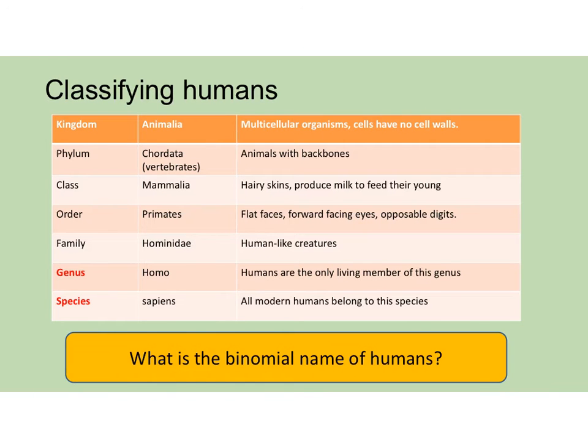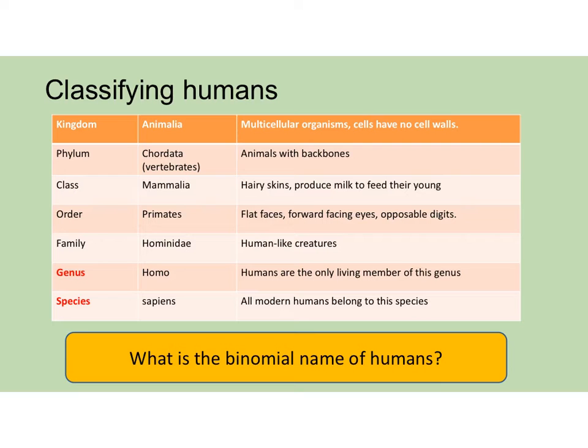Okay, so here's an example of how we use the kingdom, phylum, class, order, family, genus, and species to classify an animal. So let's use us humans as an example. Our kingdom would be Animalia, and this is because we are multicellular organisms and our cells have no cell walls, so we are definitely animals.